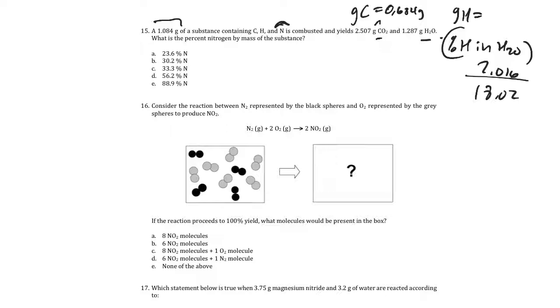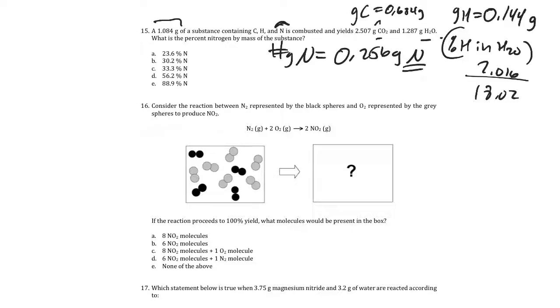Okay, and so then that gives us 0.144 grams of hydrogen. And so the grams of N would be our sample mass, 1.084, minus 0.684 minus 0.144, or 0.256 grams of nitrogen.